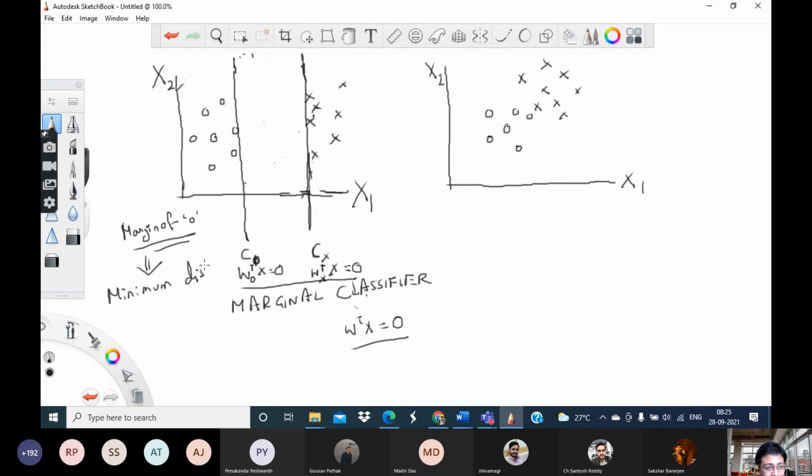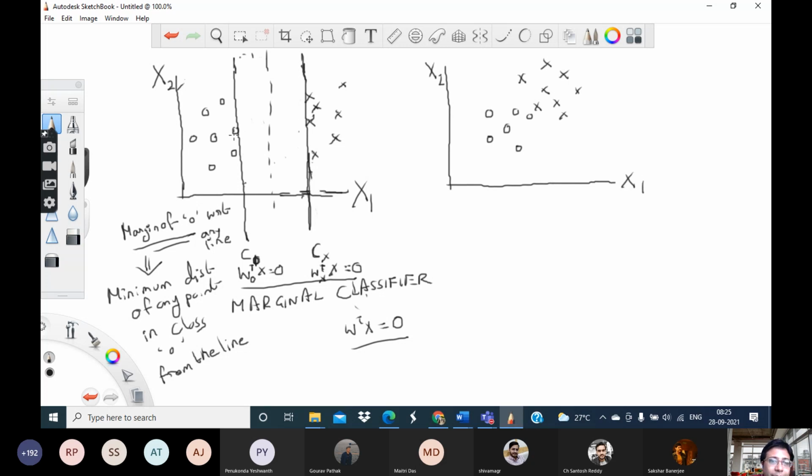Minimum distance of any point in class circle from the line. Which line? Any line. The margin of circle with respect to any line. So whether I consider this line or this line or this line, they will have some margin.